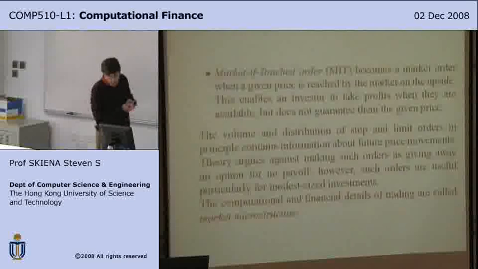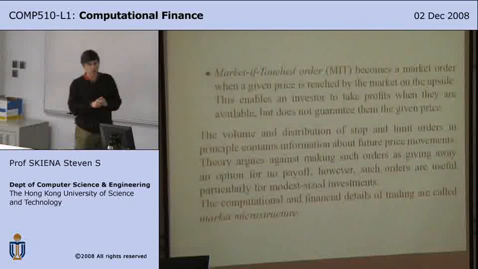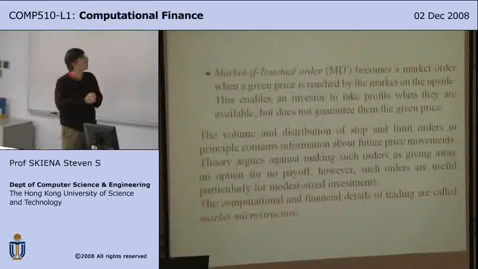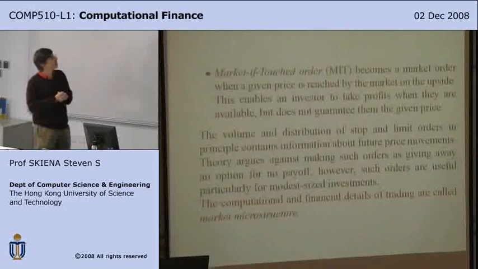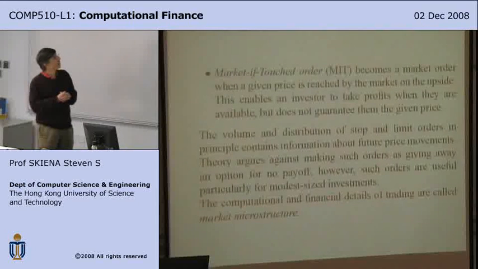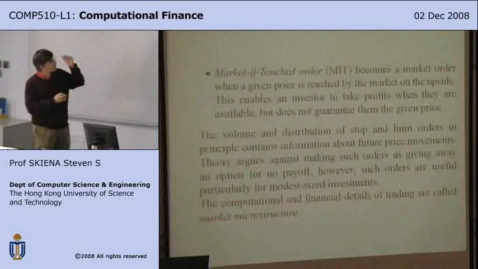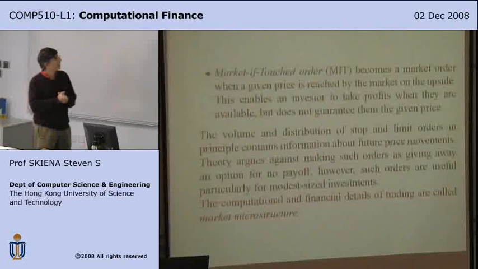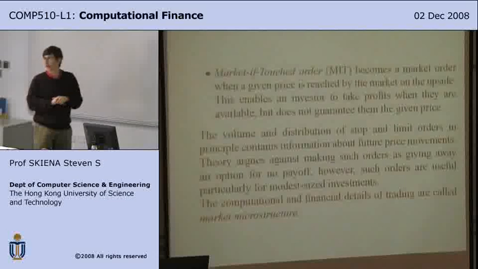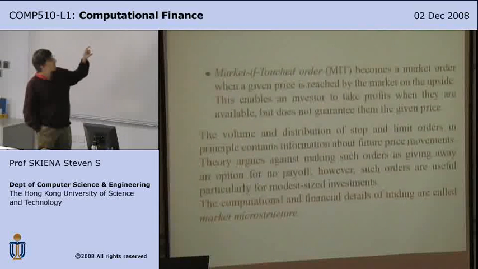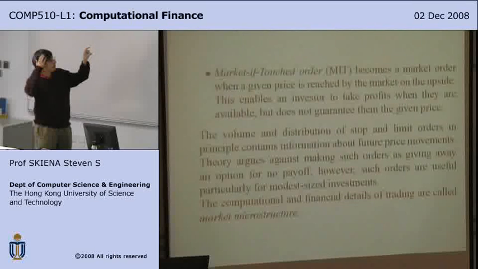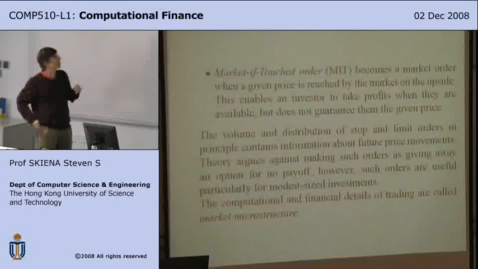Similarly, a market if touched order is kind of the opposite one, for when you're going up. It says that if the price hits, let's say for Microsoft, $25, then the order is sell at what you can get now. Hopefully I'll get the $25.